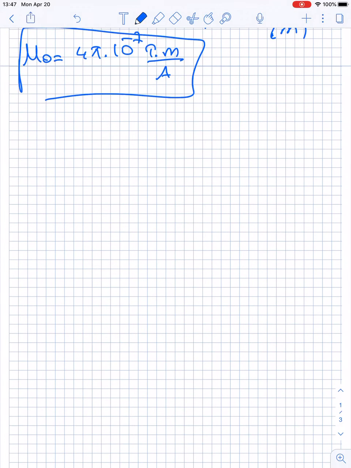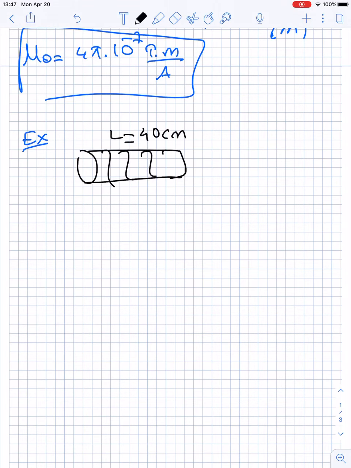Okay, now with examples I will show how we can find the magnetic field of a solenoid. This is our first question. We have a solenoid, the length of the solenoid L is 40 centimeter. I will turn a connecting wire around it. This is my battery, and current always starts from the positive side, and the current is 8 ampere.